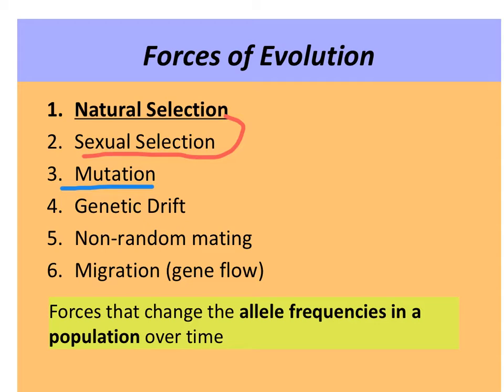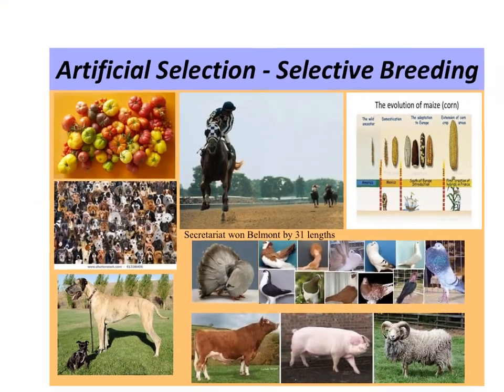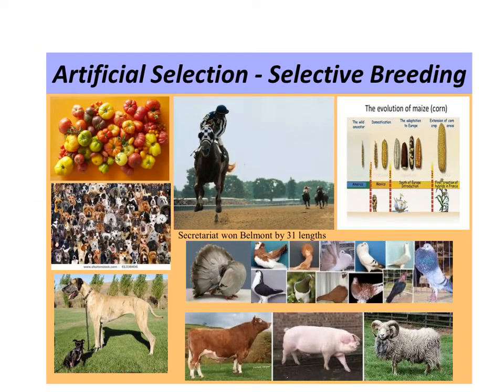Migration is generally, well, we'll get to that, but it's generally random as well. So remember, forces that change the allele frequencies in a population over time, that is what we call evolution. Not just evolution by natural selection, but evolution in general: change in allele frequencies or trait frequencies. Okay. So we talked a little bit about this, selective breeding.